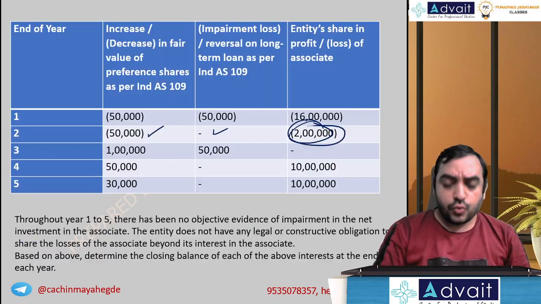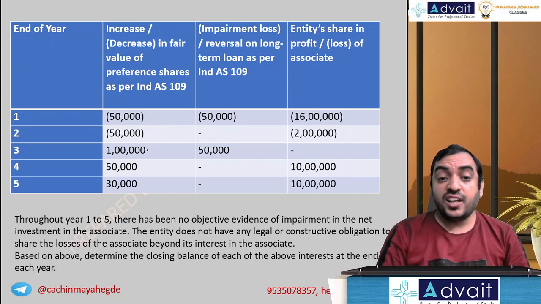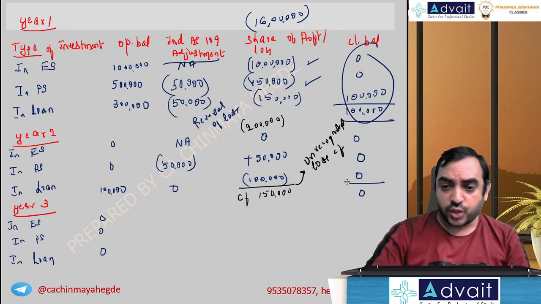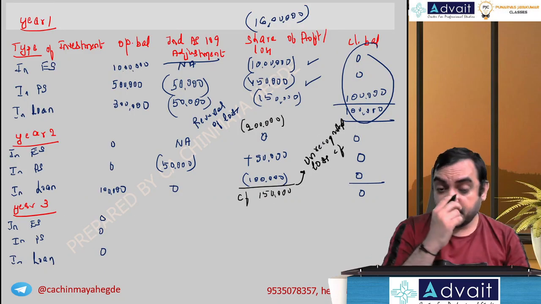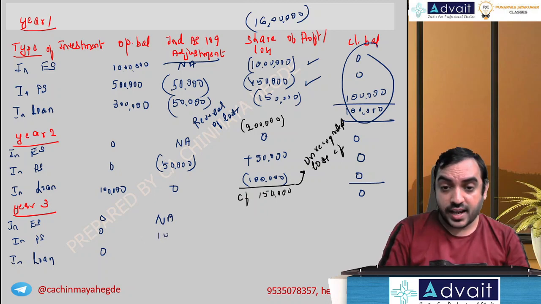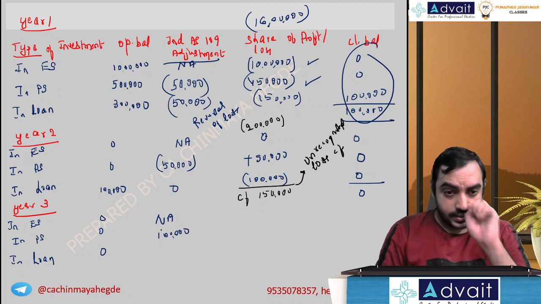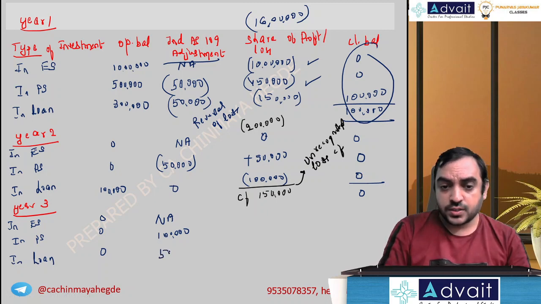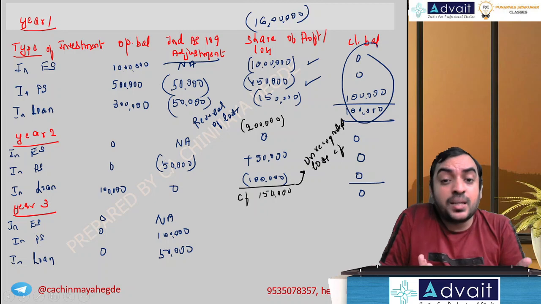Okay. Now, what is Ind AS 109 adjustment? Fair value gain 1 lakh 50,000, reversal of impairment, equity share, no profit, no loss. So, third year, Ind AS 109, gain, equity share, nothing, not applicable. Preference share, fair value gain, positive 1 lakh. And in loan, impairment reversal, reversal impairment also means gain only. So 50,000.